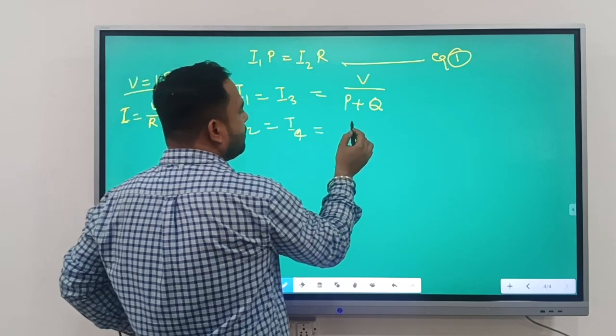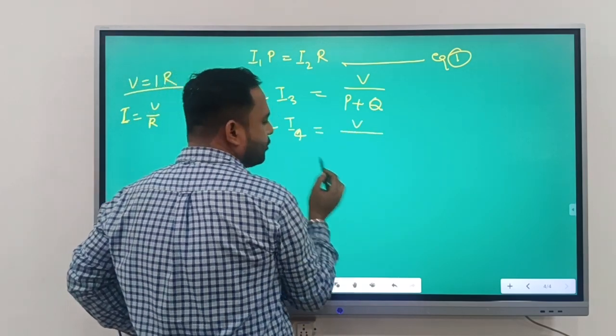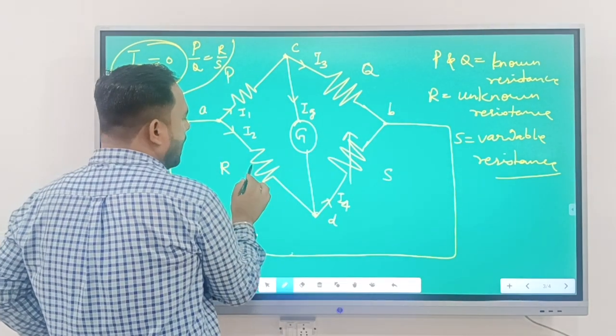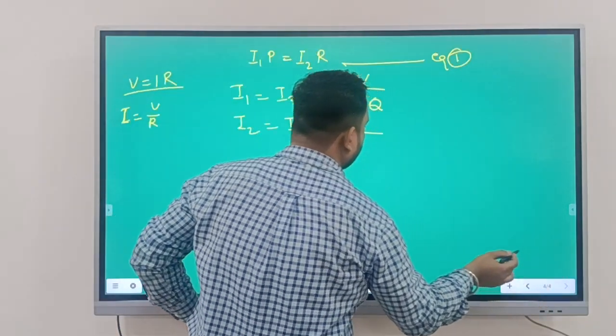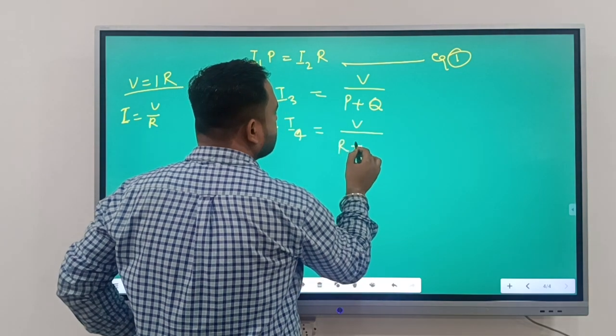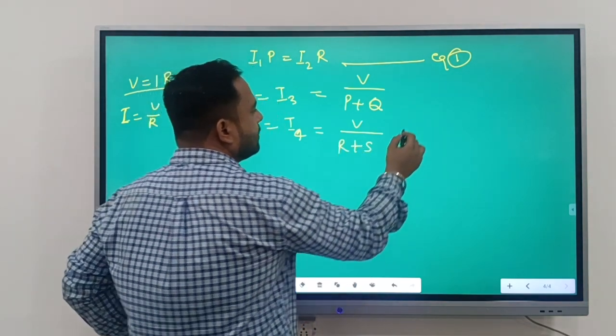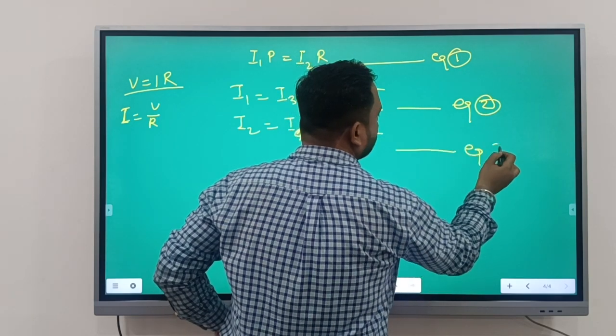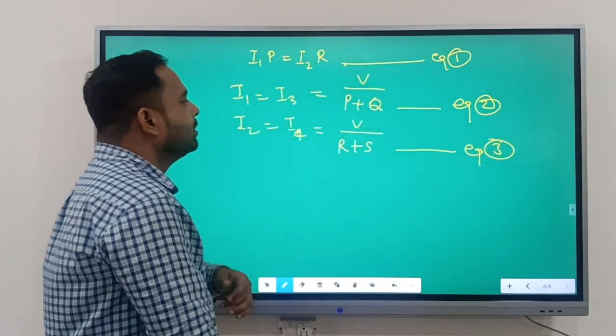And for I2 and I4 it is V upon R plus S. This is equation number 2. This is equation number 3.